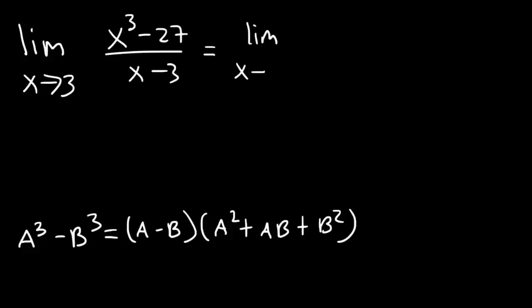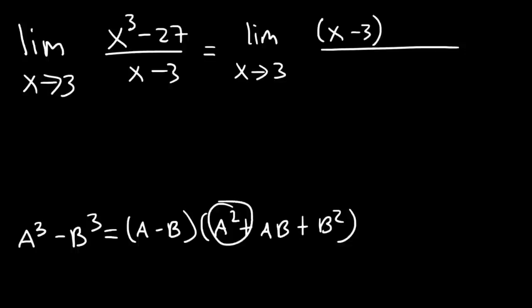So a is the cube root of x cubed, which is x, and b is the cube root of 27, which is 3. So this is going to be x minus 3, and then a squared, that's x squared, and then plus ab, so that's 3 times x, and then plus b squared, or 3 squared, which is 9.